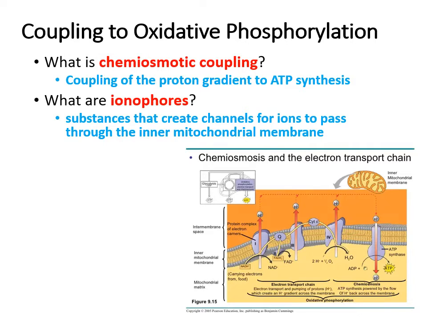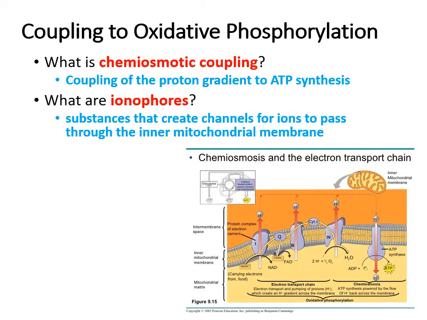Okay, it's the mechanism for coupling electron transport to oxidative phosphorylation, and it requires a proton gradient across the inner mitochondrial membrane that we saw diagrammed out in the earlier slides just a few minutes ago.